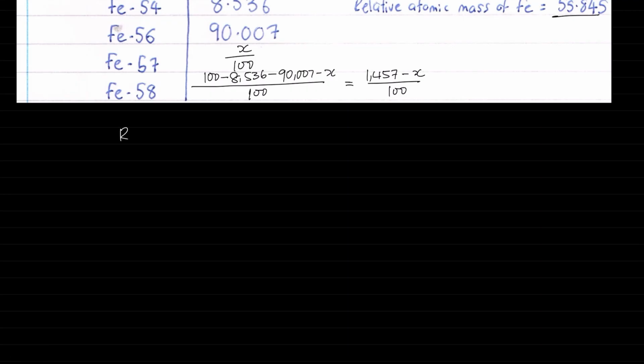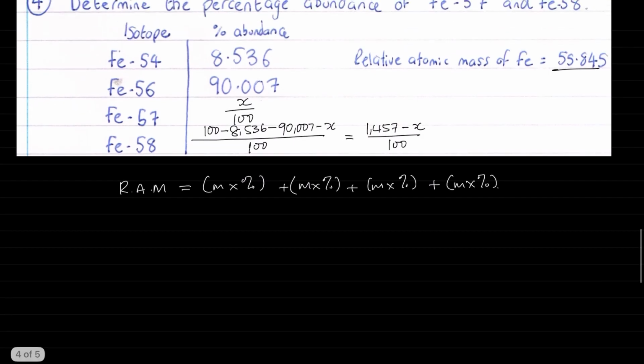So relative atomic mass is going to equal the mass times the percentage plus the mass times the percentage plus the mass times the percentage plus the mass times the percentage. Remember, there's 4 of them. Now we can substitute. We have 55.845 equals, the first mass is 54 and its percentage is 8.536 over 100.